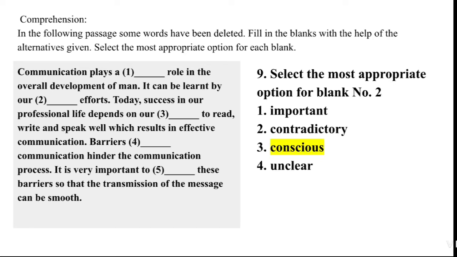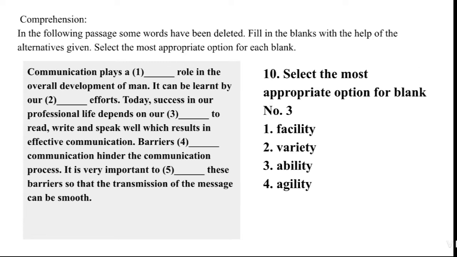Okay, today's success in our professional life depends on our ability to read, write, and speak well, which results in effective communication.